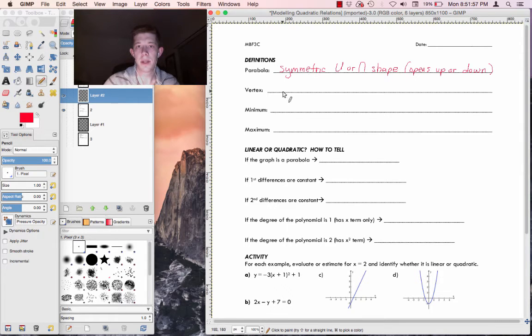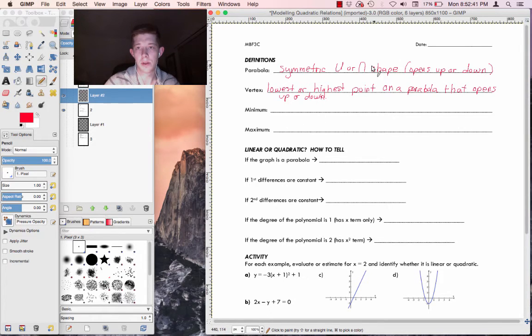Now a vertex is the lowest or highest point on a parabola that opens up or down.